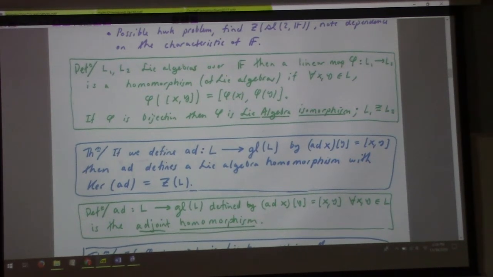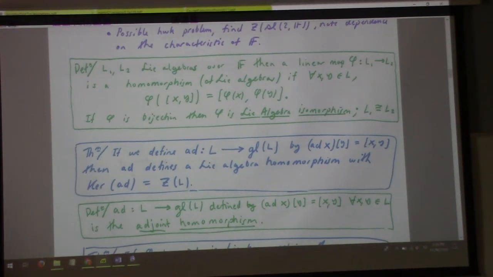That's a Lie algebra homomorphism. If it's in addition a bijection, then it's a Lie algebra isomorphism, and we say that L1 is isomorphic to L2. So obviously, an important question to ask is when are two Lie algebras isomorphic, right? And that question has been pretty well answered for a lot of cases by work of mathematicians over the past century, or a little bit more than that.